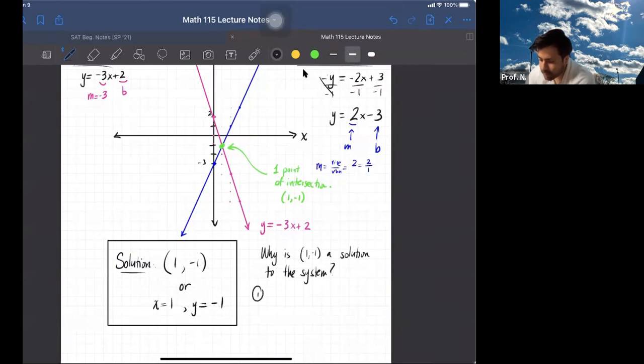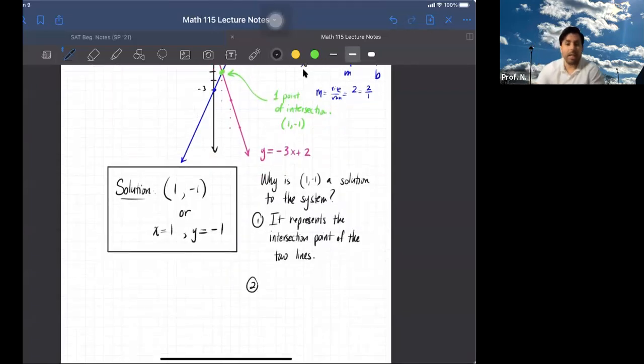Well, the first reason is it represents the intersection point of the two graphs, of the two lines. And the other reason is because the x and y values, and you've heard this word before, satisfy both equations.